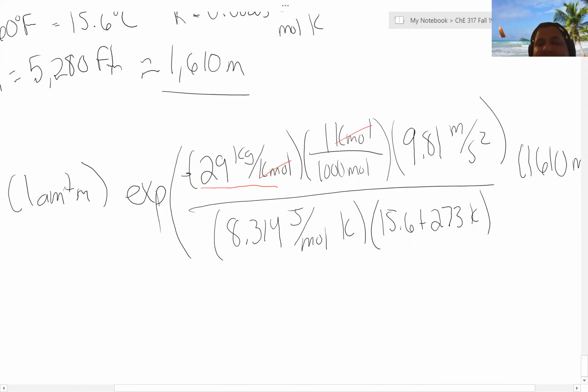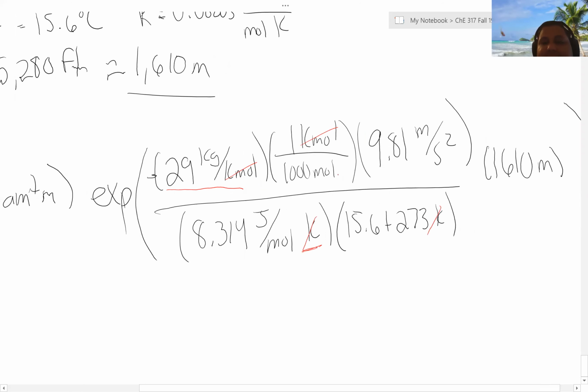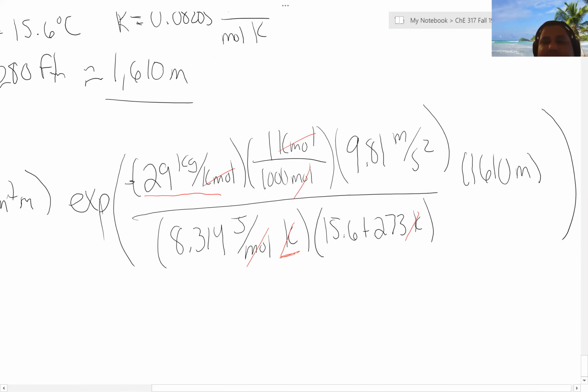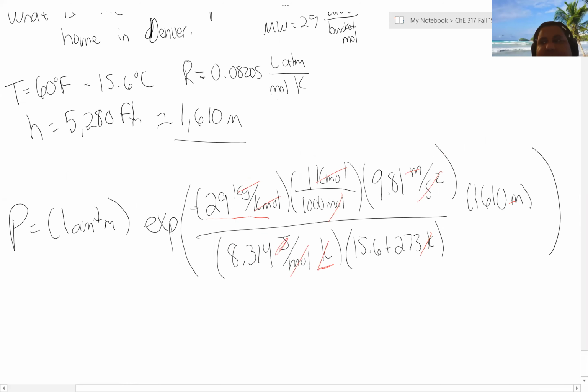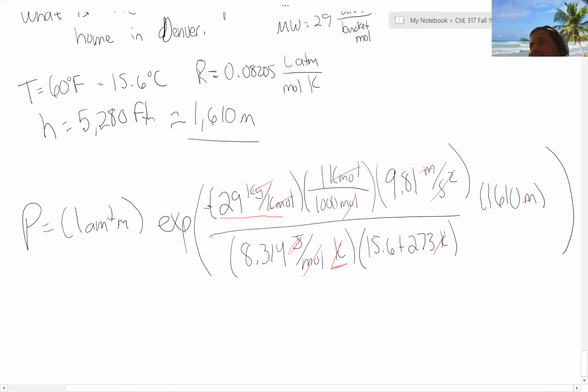For my temperature, I have to use absolute temperature, in Kelvin. When I'm doing these types of calculations, that absolute temperature is very important. With Kelvin, the moles cancel, and then I have my meters. And then I have kilograms meters squared per second squared, which is a joule. And so I'm left with a unitless value.